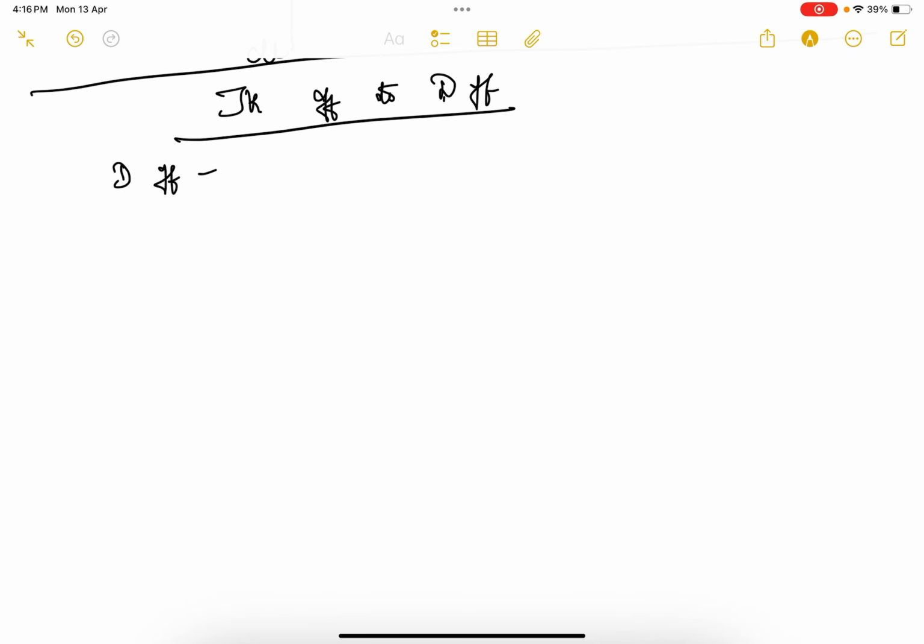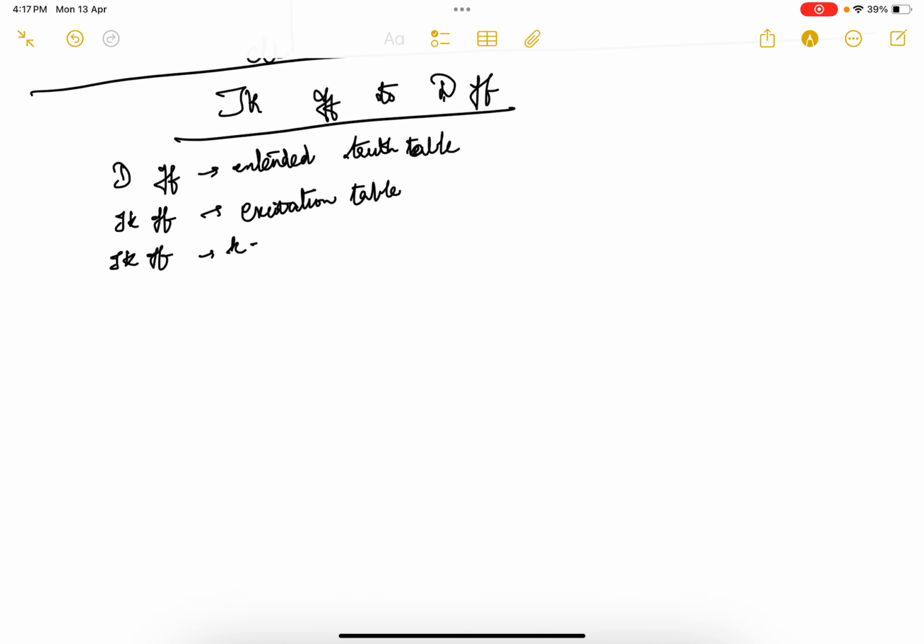For the D flip-flop, I want to draw my extended truth table, and for my JK flip-flop, I want to draw my excitation table, and for the source flip-flop, that is for your J and K, you want to go with your K-map reduction, and finally a logic diagram. These are the steps you want to follow.